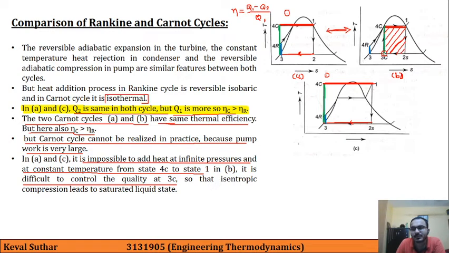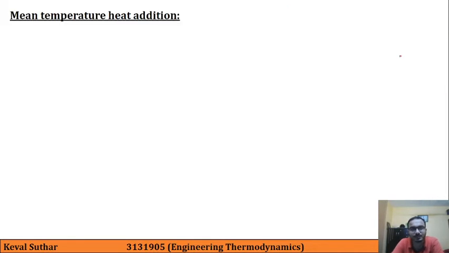So it is difficult to control this quality at 3C. So the isentropic compression leads to saturated liquid state. So here we cannot reach up to 3C in this figure. So these are the comparisons of Carnot and Rankine cycle.